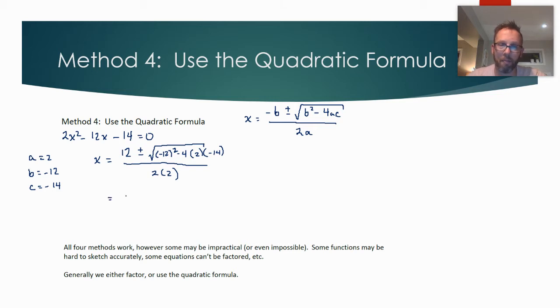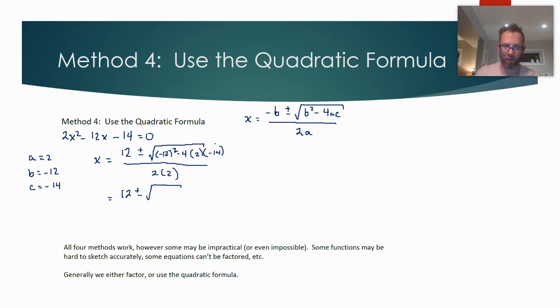Now, at this step, I like to show a little bit of work. So I'll do everything under the square root at once. So that's negative 12 squared, which is 144. And then be careful with negatives, right? Because that's negative 4 times 2 times negative 14. That would give you a positive. So 4 times 2 times 14 is 112, I think.